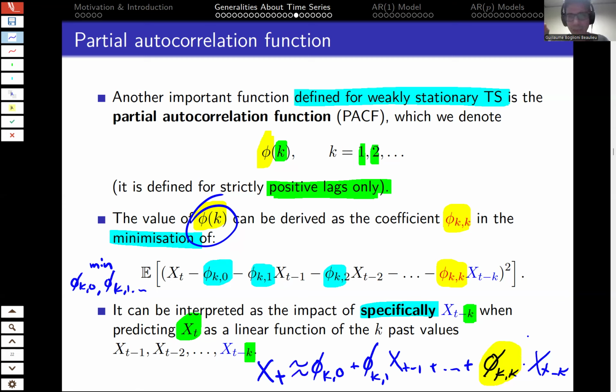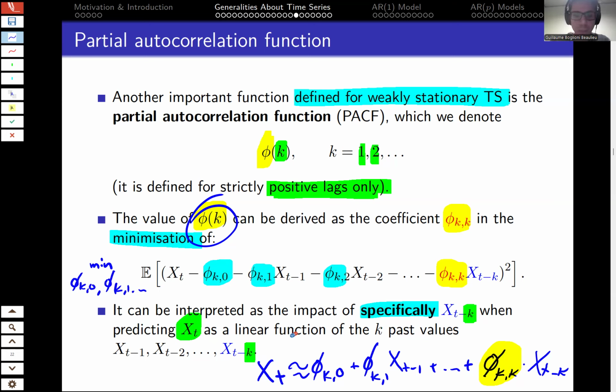But now, in the specific case of the AR(p) model, this approximation is not an approximation. It's exactly that, right? The AR(p) model is a model under which xt is exactly a linear function of the past plus a noise at the end.